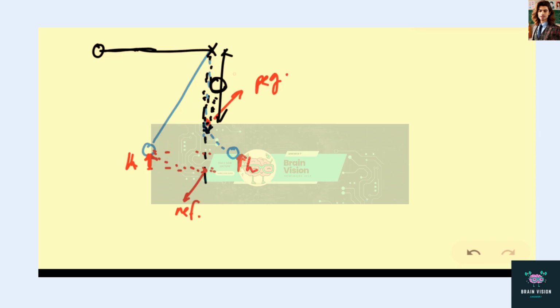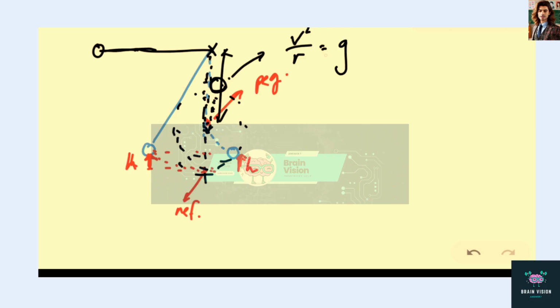In order for this to occur, the centripetal acceleration at the top of this circular motion must be at least equal to gravity. So v squared over r is equal to g.